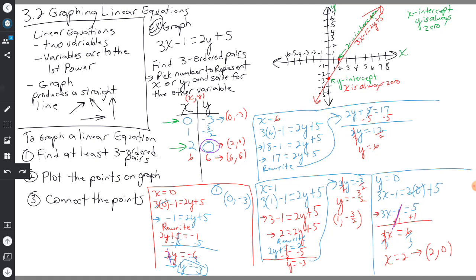So that tells us that x is equal to 2. And then again, we chose to let y equal 0, and we found out that x was equal to 2. So we have another point with whole numbers that we can use to plot the points.